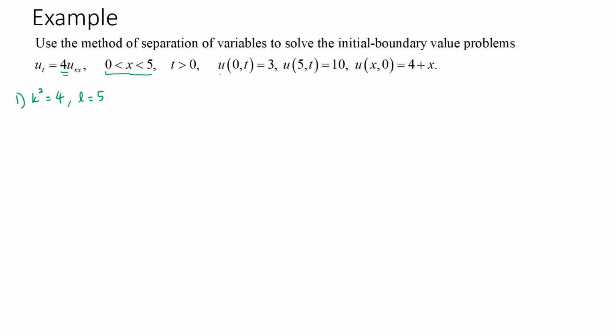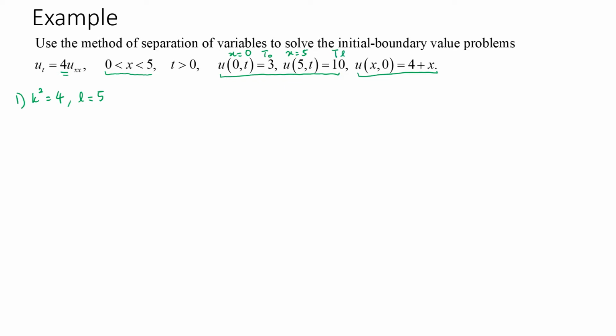And we have the boundary condition and the initial condition, where when x equals 0, the boundary condition equals 3, and when x equals 5, it equals 10. Okay, so 3 here is the T naught and 10 is TL.